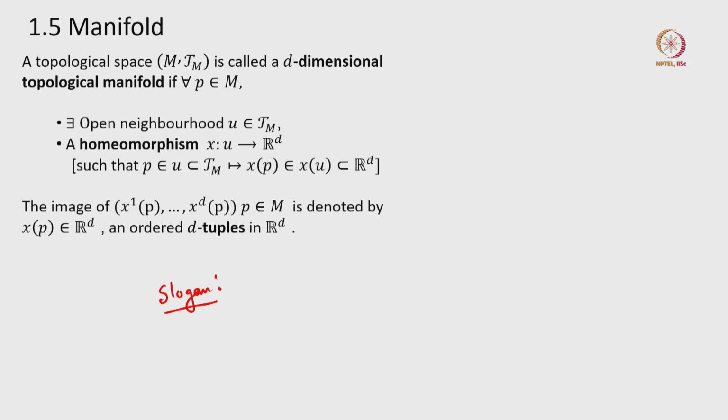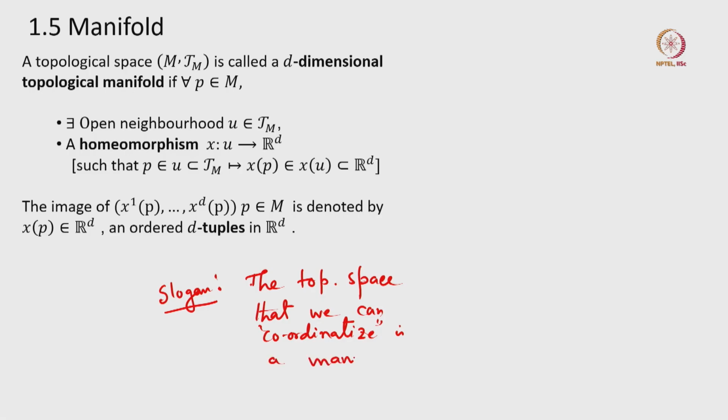I can have a curved space and I do not have a global coordinate, but I still should be able to define a local coordinate. If you cannot do that, that is not a manifold, but if you can do it, that is a manifold. So, the topological space that we can coordinatize is a manifold.